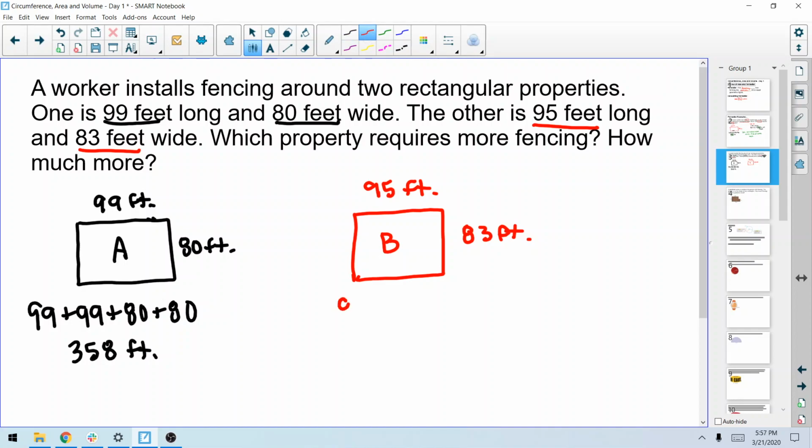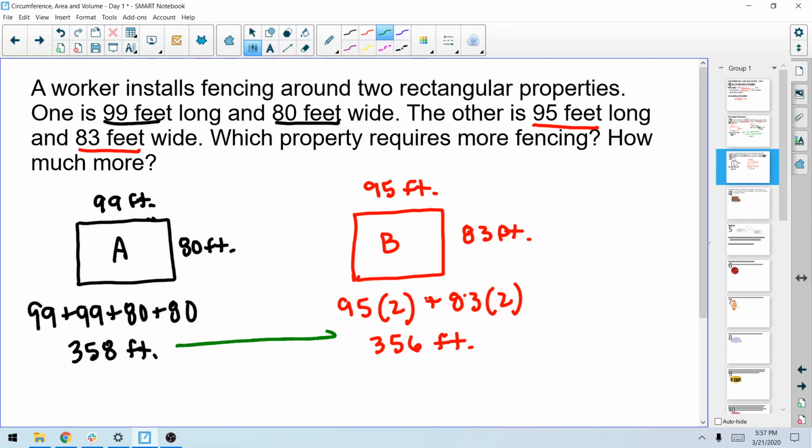For the next one, 95 times 2 plus 83 times 2, or 95 plus 95 plus 83 plus 83, gets us 356 feet of fencing.